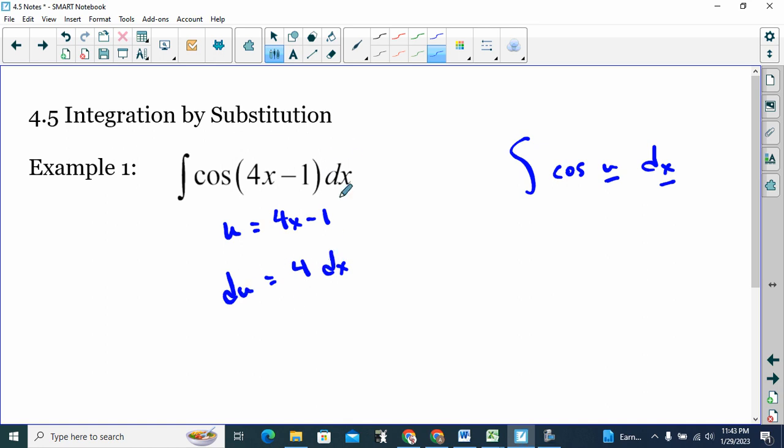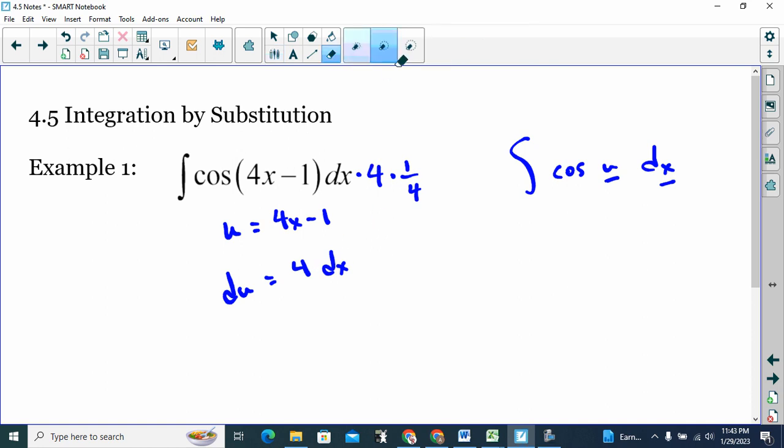I don't have 4 times dx, I just have dx. I can multiply it by 4, as long as I also multiply by 1/4. Notice now the problem's the same. 4 times 1/4 is 1. And again, the reason I did that was because I needed 4 dx.